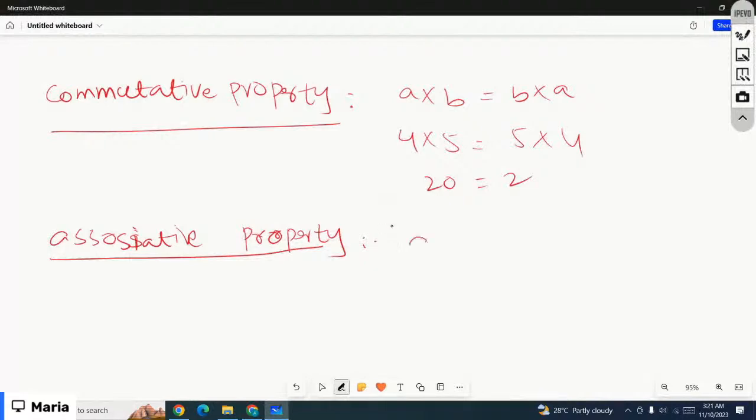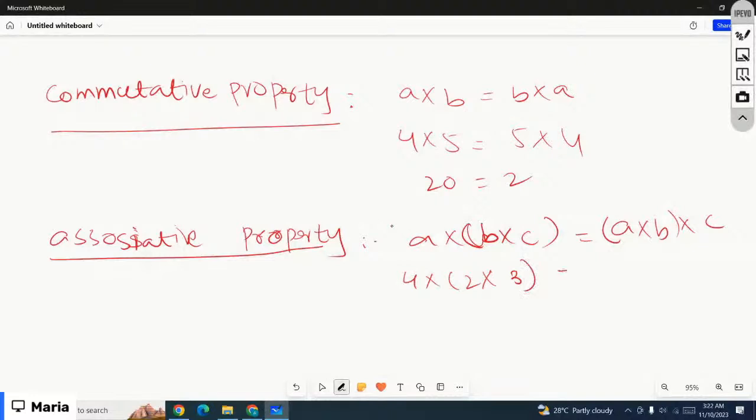On one side you evaluate B times C first, and on the other side you make a group of A times B and then times C. The numbers on both sides are exactly the same. For example, you have 4 times (2 times 3) and (4 times 2) times 3. The numbers are the same, just the order of evaluation is different.